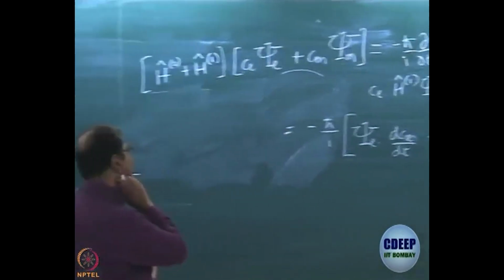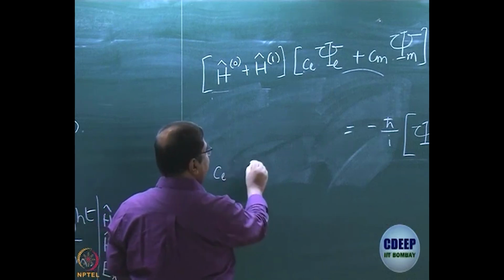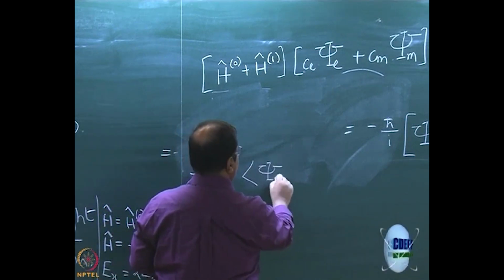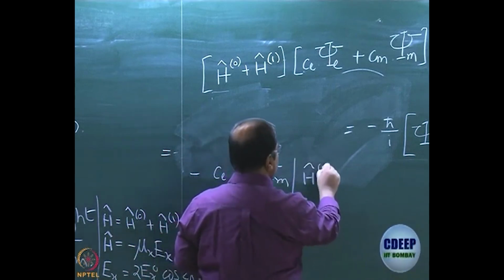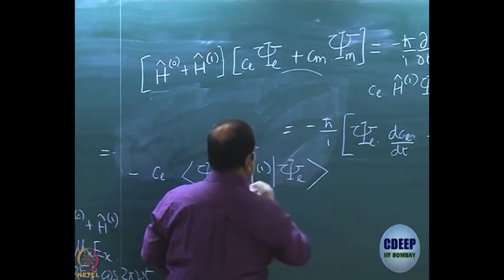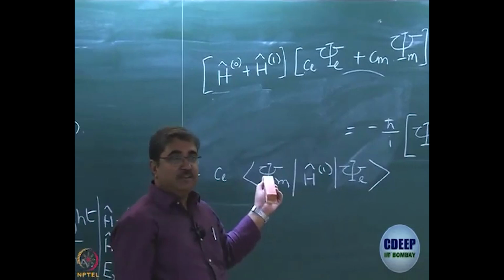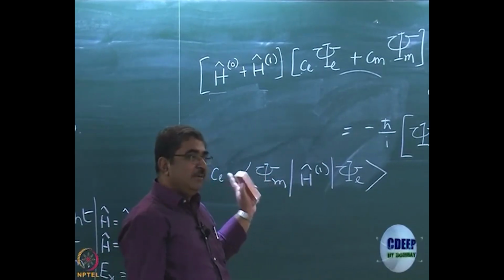When I do that, this is what I get. On the left hand side, I get Cl integral capital psi M H1 capital psi L. Integral over space or time or both? Space, only space, not time. That is what bracket means, right?